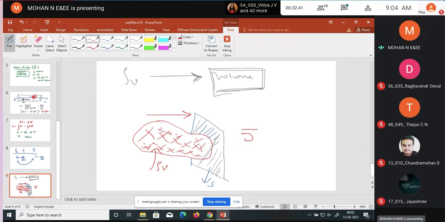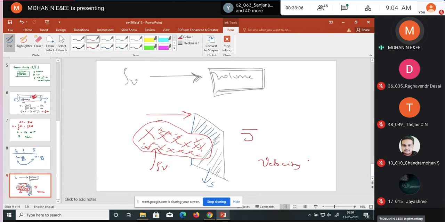This movement of charge takes place with respect to some distance, so it is related to time and the distance of the movement. That is related to the velocity: distance, or displacement, with respect to time.